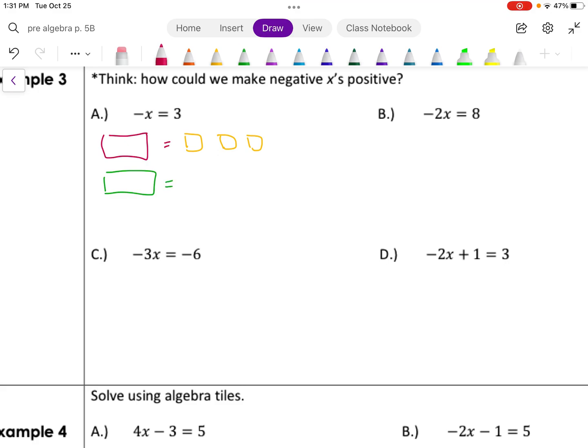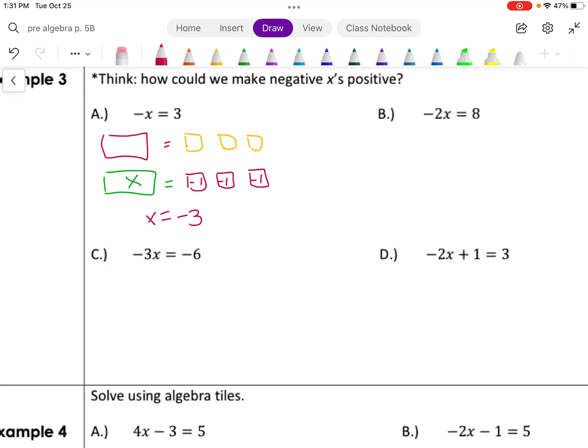But if I flip my left side over, I have to flip everything on the right side over. So now I see that I've got 1x equals 3 negatives. So x would have to be negative 3 in order to make that equation true.